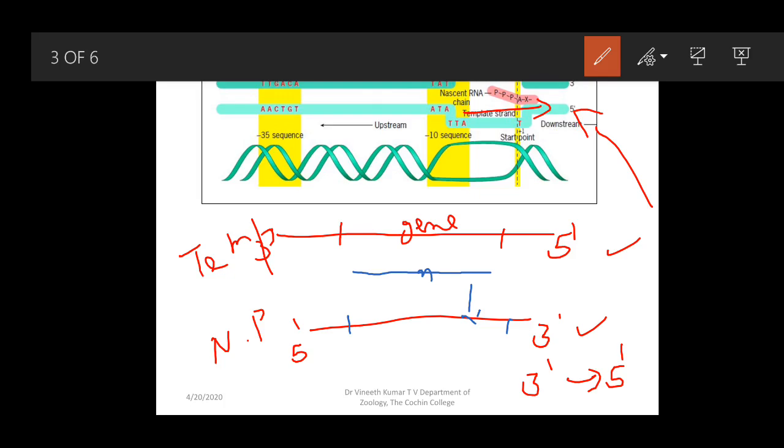Because this non-template strand is complementary to the template, and when the template strand produces a complementary mRNA, it will be the same as the non-template strand.